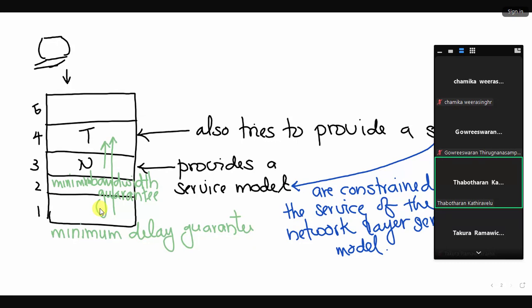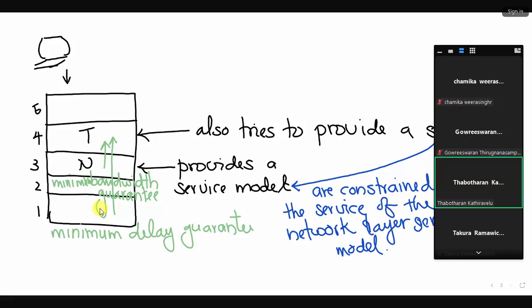Only then can the transport layer also provide these guarantees to these applications. Therefore, applications can send messages between the two machines, the sending host and the receiving host.